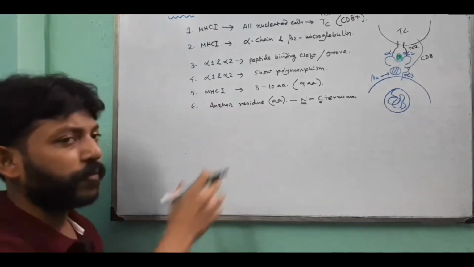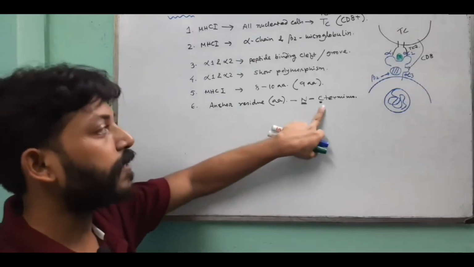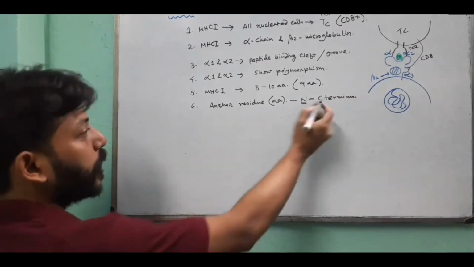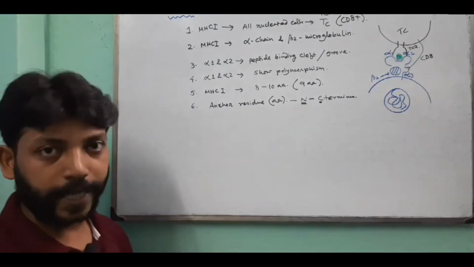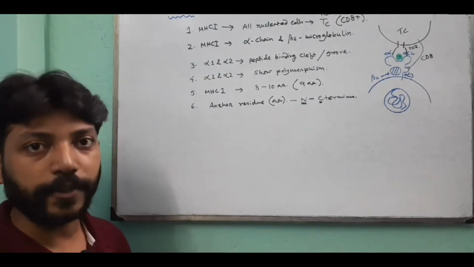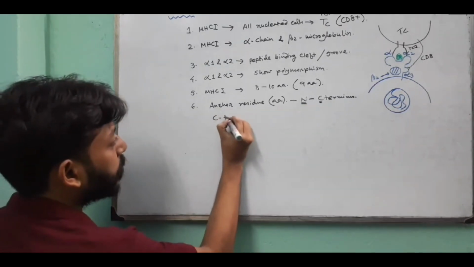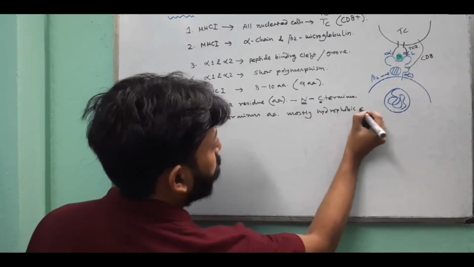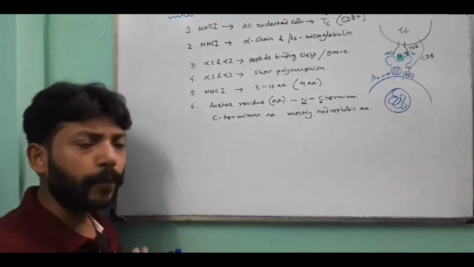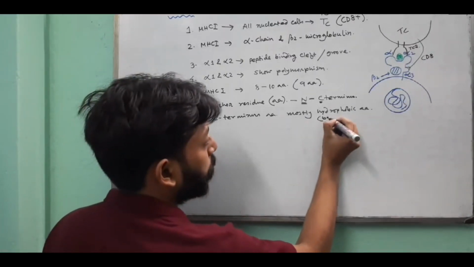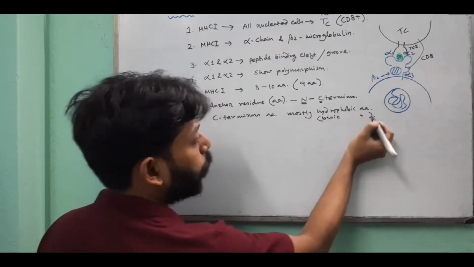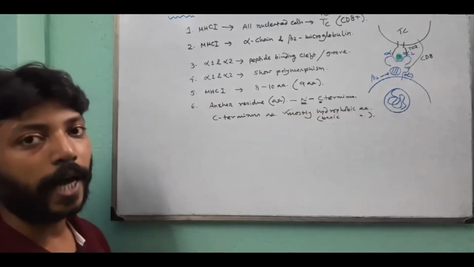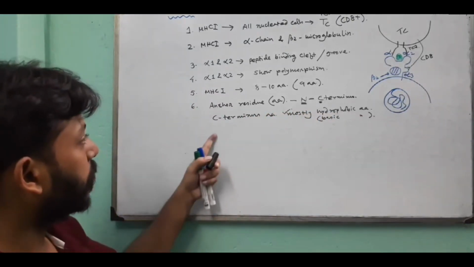Some amino acids are very specific in the N and C terminus of peptides that bind with the class 1 MHC molecule. For all peptides that bind with the class 1 MHC molecule, the C terminus amino acids are mostly hydrophobic. Some basic amino acids can also be present, but the C terminus mostly contains hydrophobic amino acids. So this is about the anchor residue.